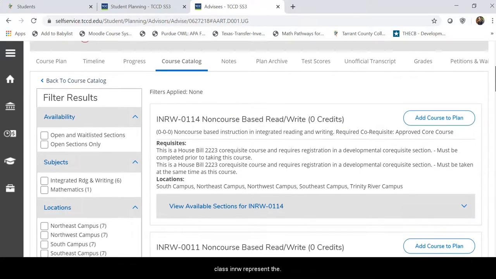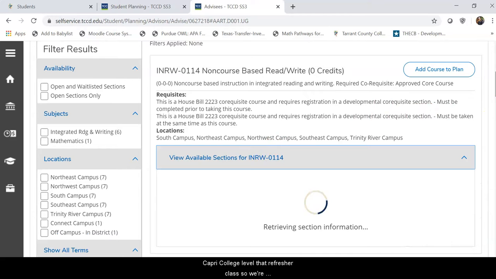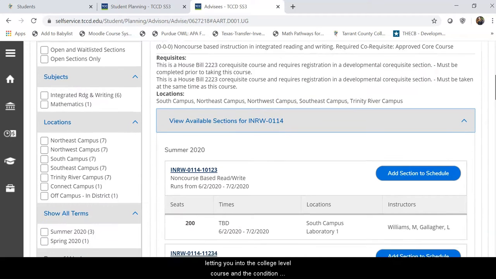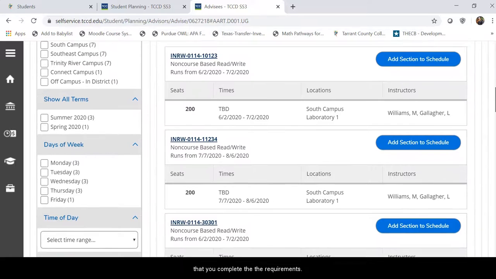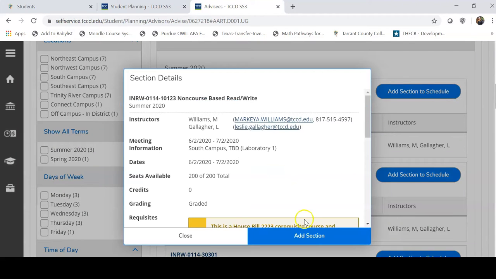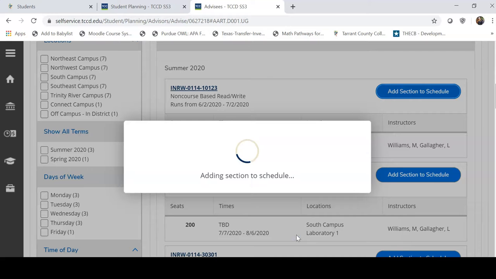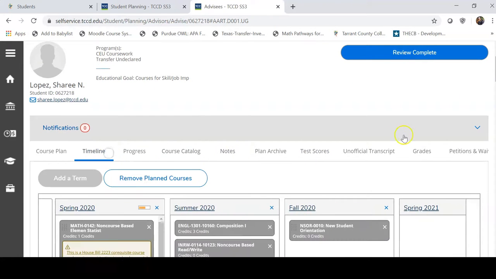INRW represents the pre-college level, the refresher class. So we're letting you into the college level course on the condition that you complete the requirements. So I think it was this one right here. So you add them both, package deal.